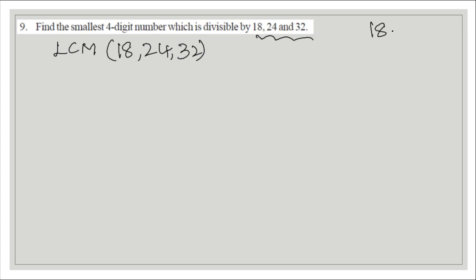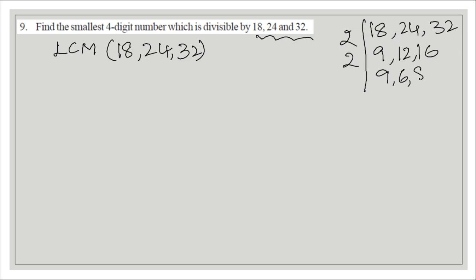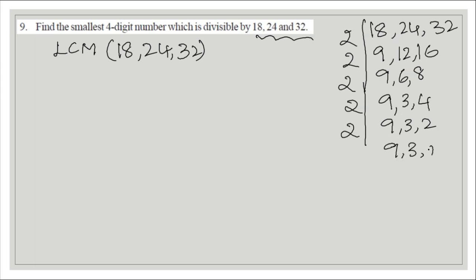So 18, 24, 32, we will divide it. 2 nines are 18, 2 twelves are 24, 2 sixteens are 32. Once again let me consider 2: 9, 6, 8, once again 2: 9, 3, 4, once again 2: 9, 3, 2, once again 2: 9, 3, 1.